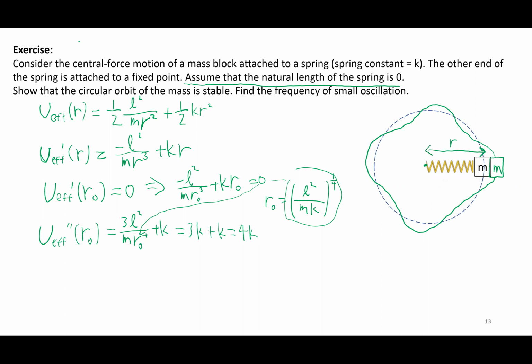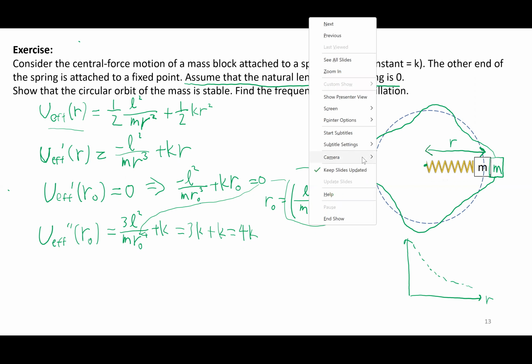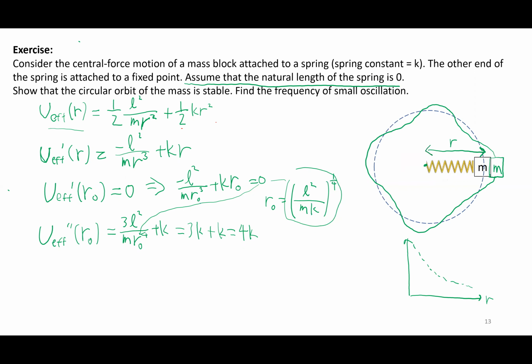What does it look like if we actually plot the U effective? The first term looks like this, and the second term looks like this.